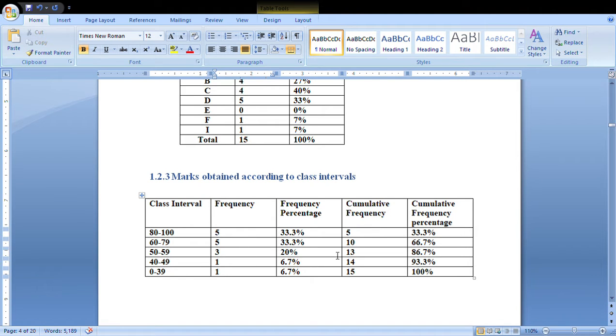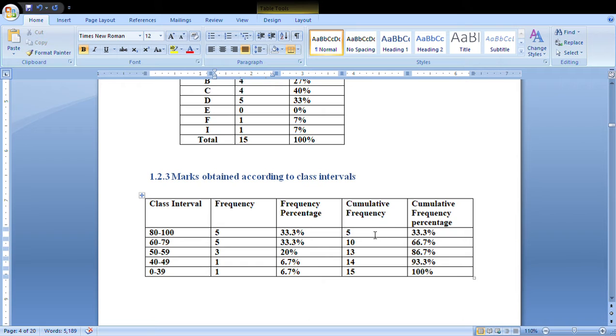So we have 20 over here, and then we have 1 divided by 15, which is the total number of students, times 100, and you have 6.667. So this is how you get the frequency percentage.